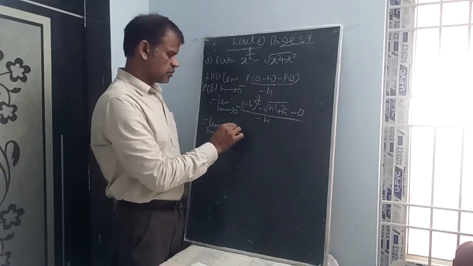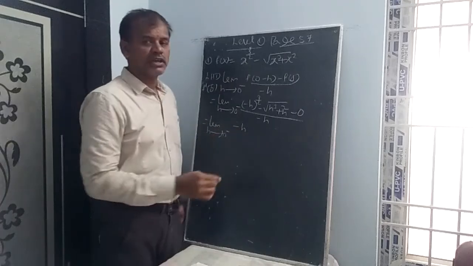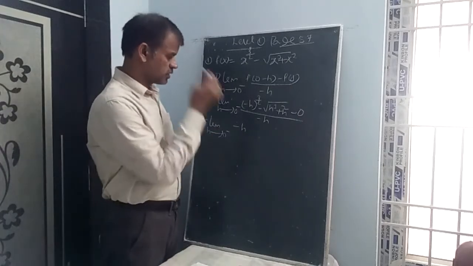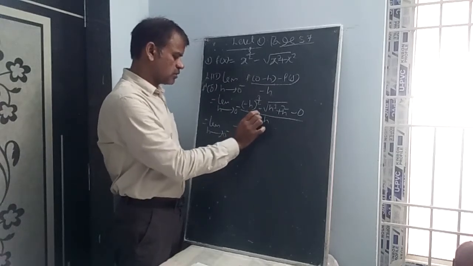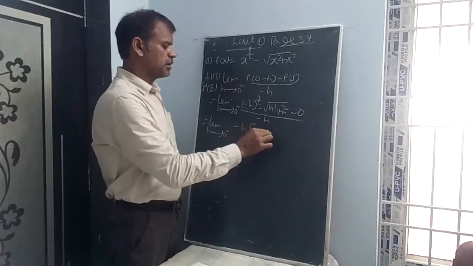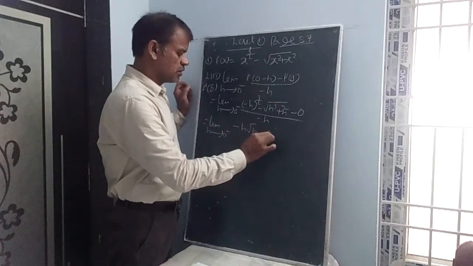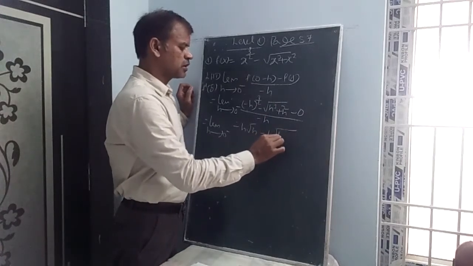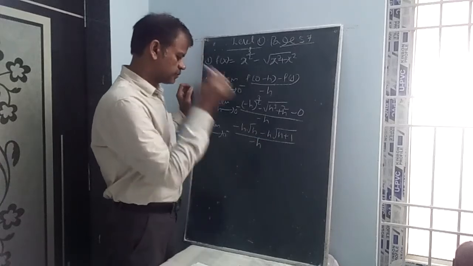Now you can write minus h power 3 by 2, so minus h into square root of minus h, minus 1 power 3 by 2, like that you can understand. So minus 1 taken common, h root h, like this. Minus, here you take common h square along with root, it becomes h. In the square root you can write h plus 1, whole by minus h.